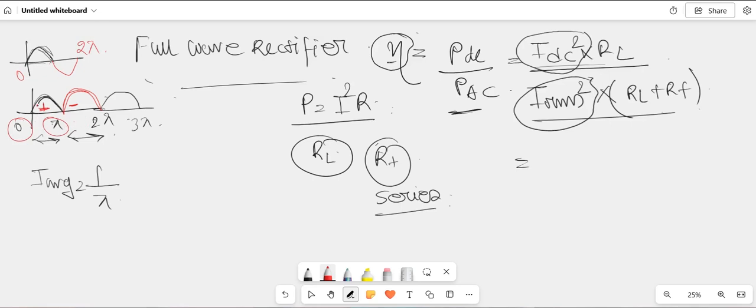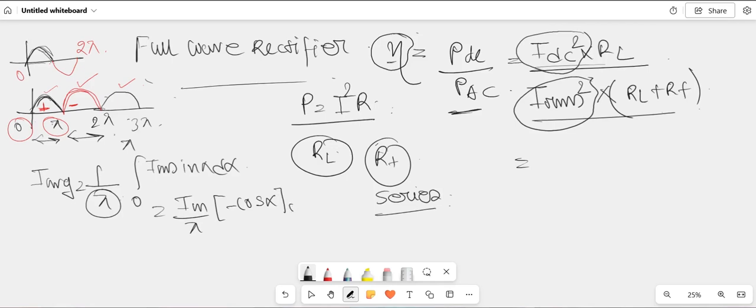From 0 to pi we are getting a cycle, from pi to 2 pi we are getting a cycle, and from 2 pi to 3 pi we are getting a cycle. So we will perform the integration from 0 to pi for this cycle only. It will be Im sin alpha d alpha. So this will be equal to Im by pi times the integral of sin alpha, which is minus cos alpha from 0 to pi. So it will be equal to 2 Im divided by pi.